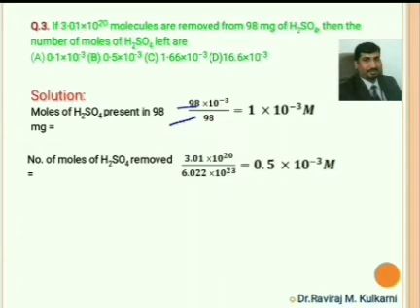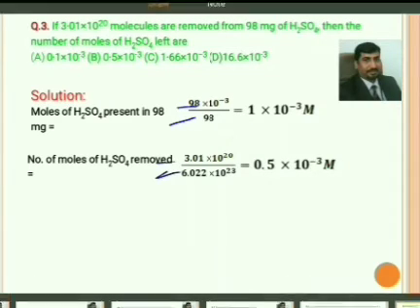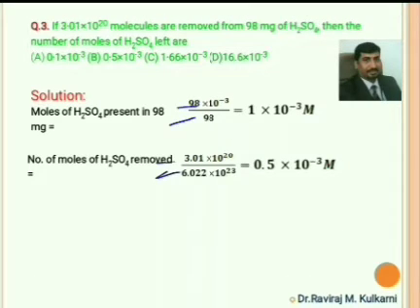So number of moles of sulfuric acid removed, how much is given? 3.01 into 10 raised to 20 molecules. So that divided by Avogadro number, 6.022 into 10 raised to 23, that gives you moles. So 0.5 into 10 raised to minus 3 mole.